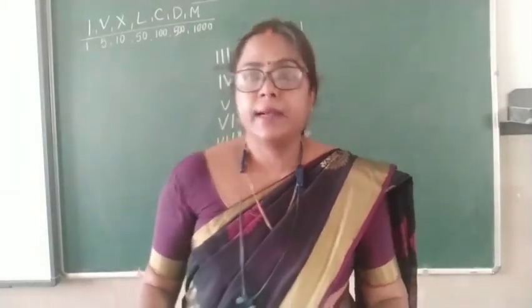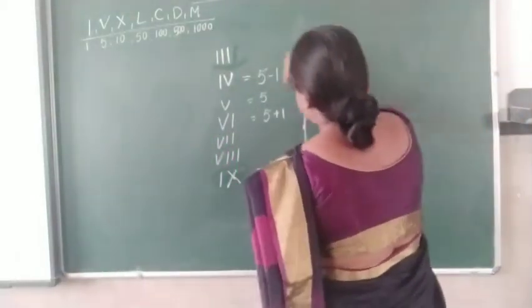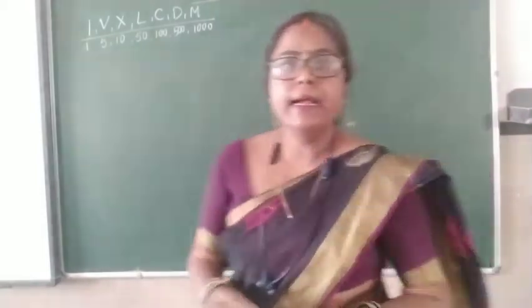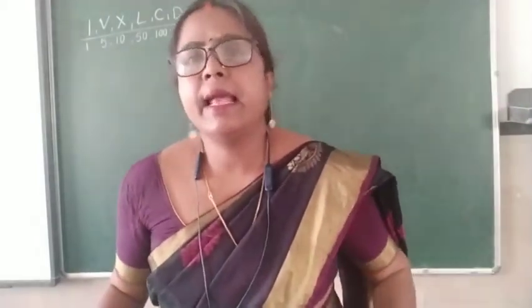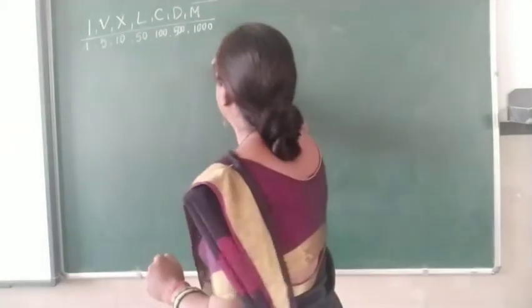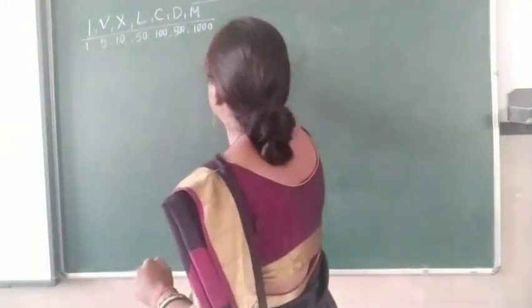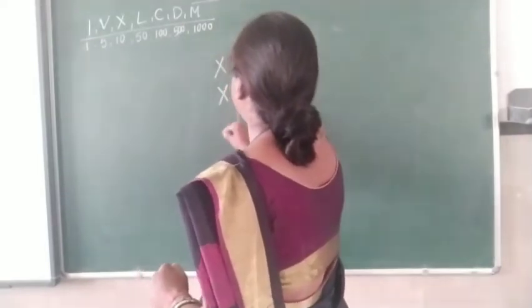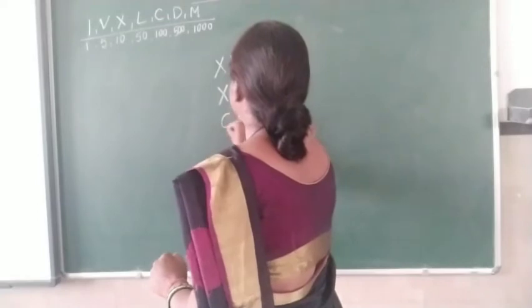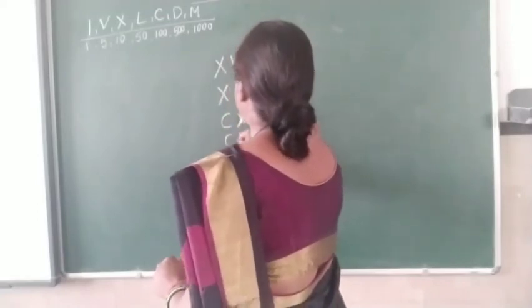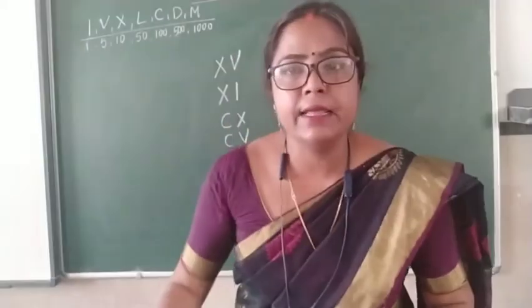But while adding, we can add any number to any other. For example, if I have to add 10 and 5, 10 and 1, and then C and X, C and D, like this we can add anything.